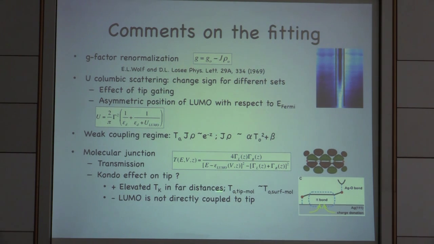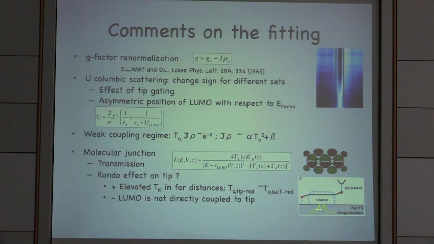Then the question is how important this is. You can think about two Kondo screenings: one on the surface and another one on the tip. So I have this elevated TK when we are getting away, when the molecule is more strongly bound to the tip than to the surface. But on the other hand, if you look at the mechanism of how the molecule is bound to the tip, it is through these oxygens.